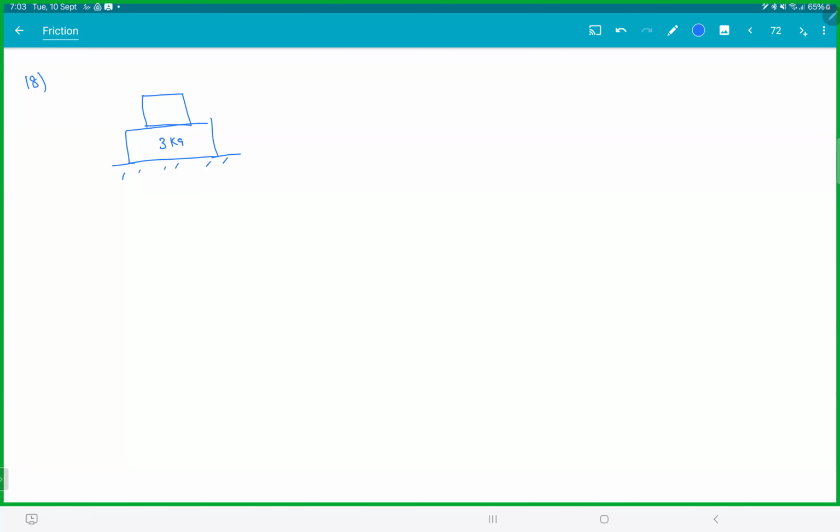3 kg, 2 kg. Let's say this time mu is 0.5, and let's say you're applying F equal to 15 newtons.